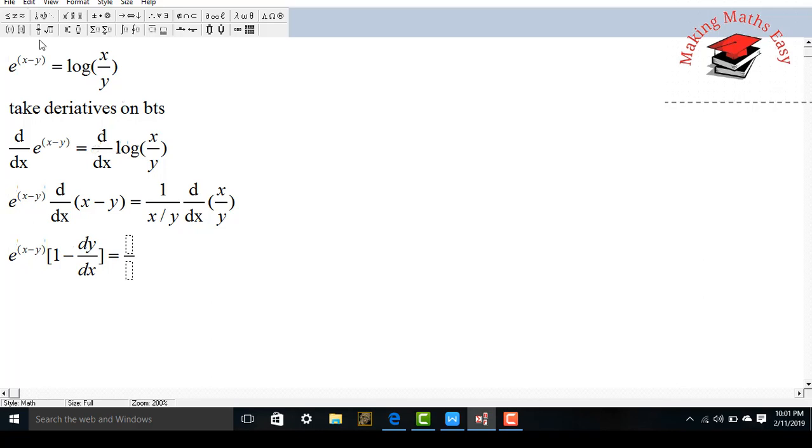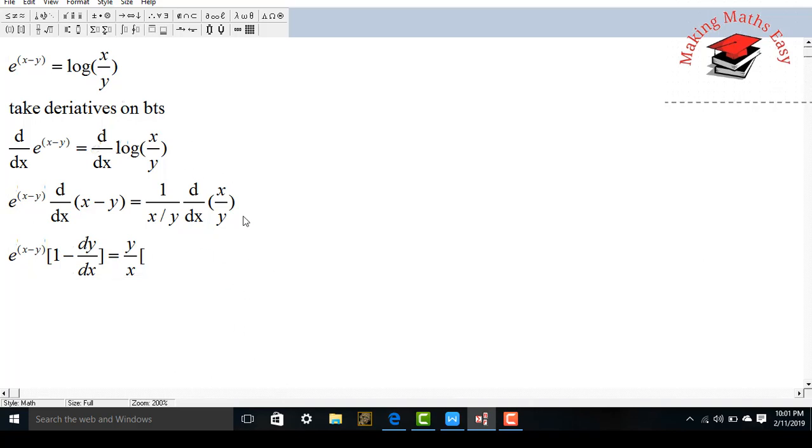So it will be y divided by x, and then you have to take the derivative of x divided by y. You have to use the u upon v rule, which I told you in a previous video: v into the derivative of u minus u into the derivative of v, divided by v square.